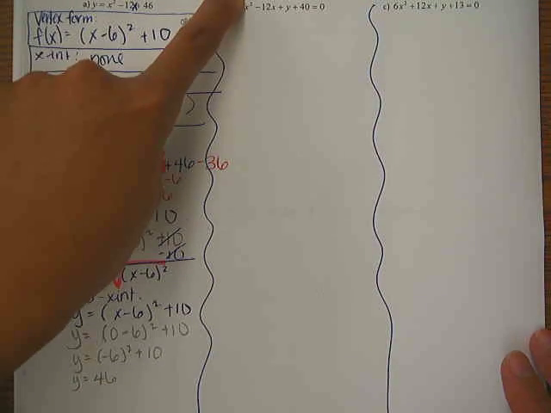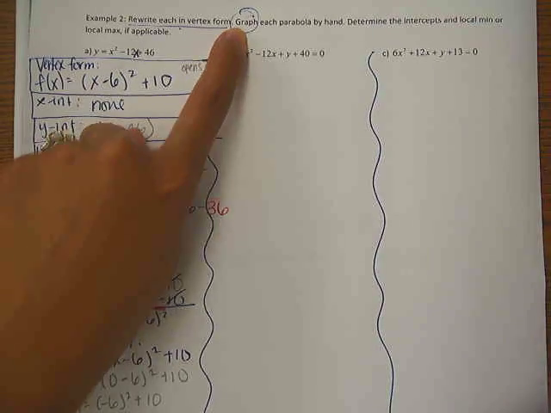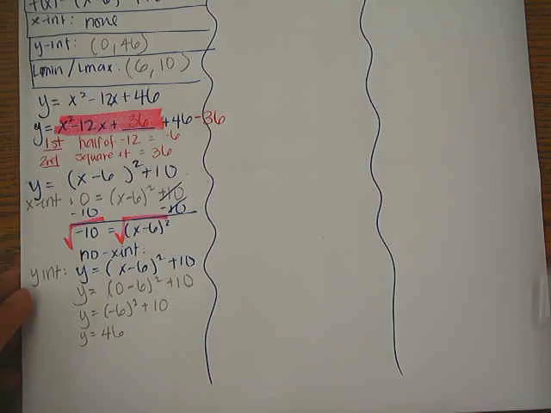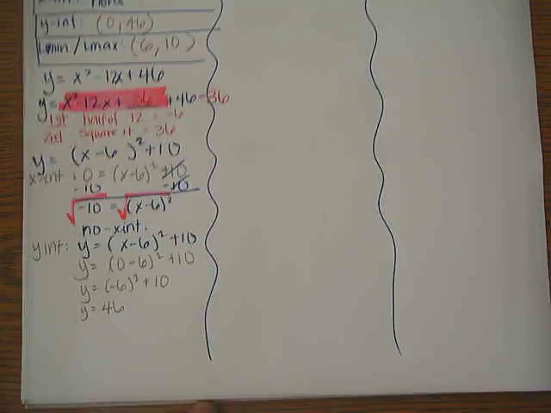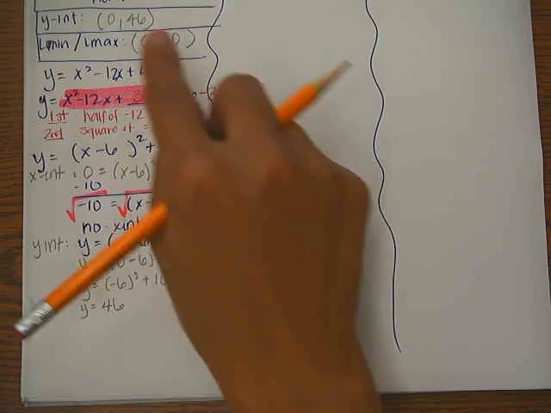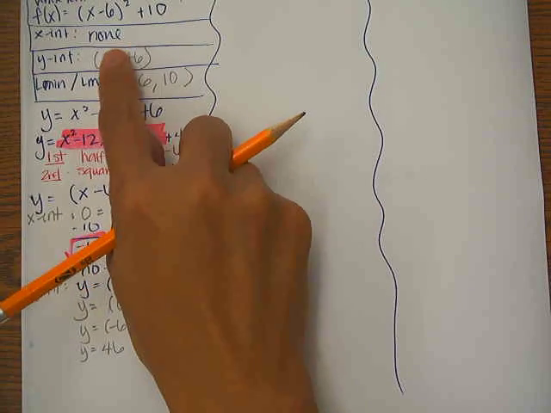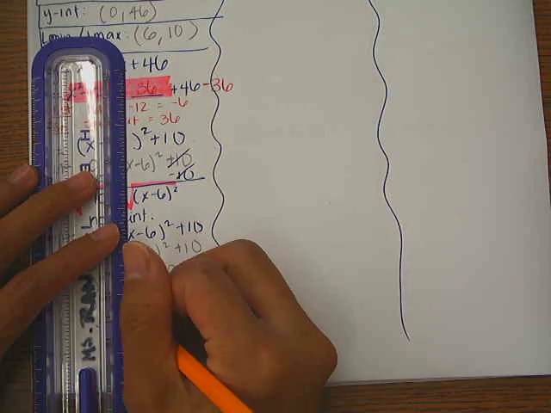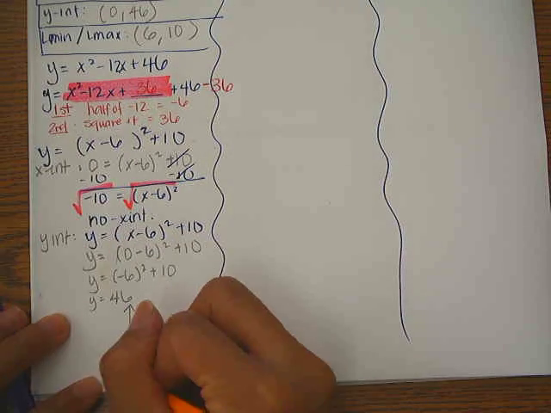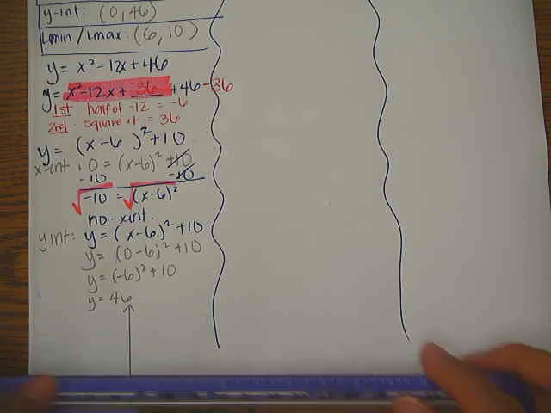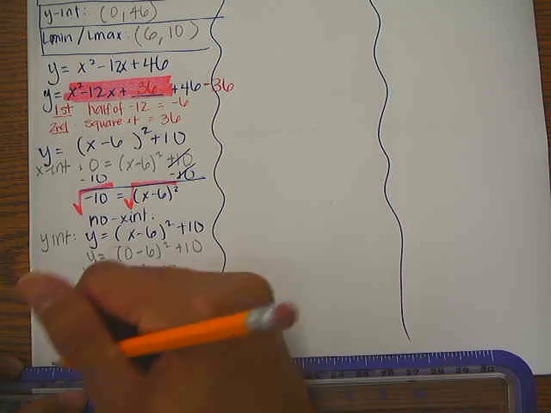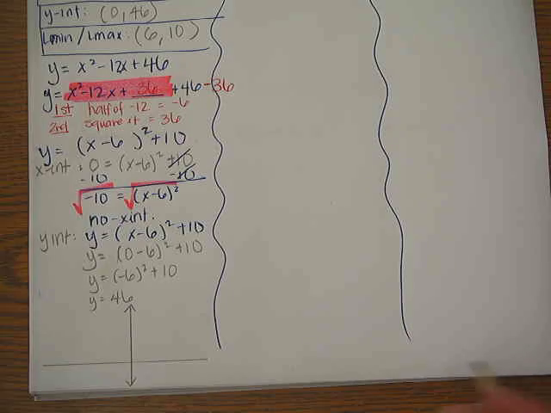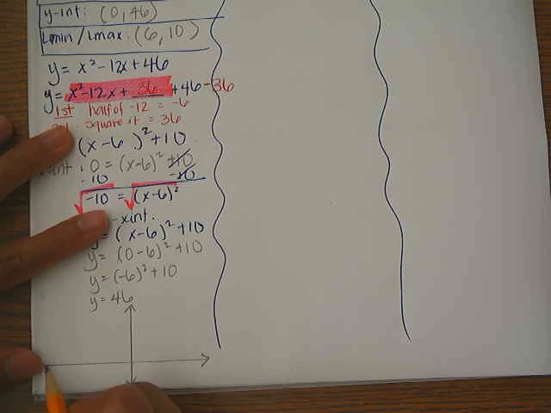So now let's go and graph it out. Here we go. Okay. I'm going to get a straight edge. Looks like I have a lot of positive y values, so it looks like I don't need a lot of negative y in the bottom. So when I draw out my x-axis and my y-axis, I don't need a lot of negative y, right?